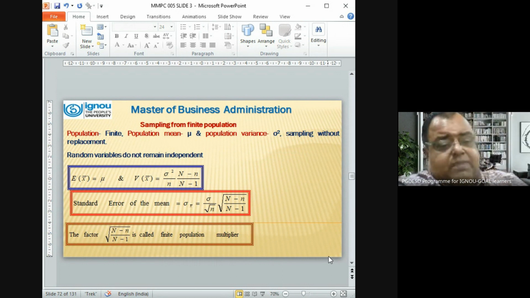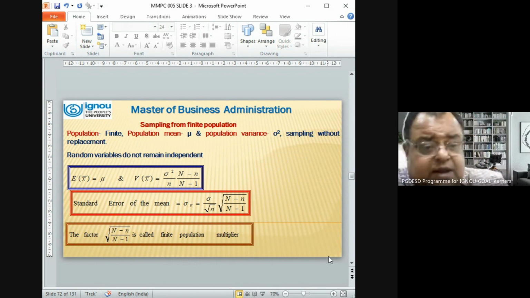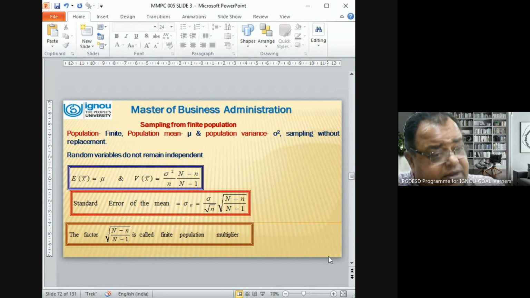So E of x bar is equal to mu, and for the variance, earlier it was sigma square by n, now it is being multiplied by a factor (N minus n) upon (N minus 1). Similarly, the standard error of the mean is changed, and an under root (N minus n) upon (N minus 1) is there, which is also known as the finite population multiplier.